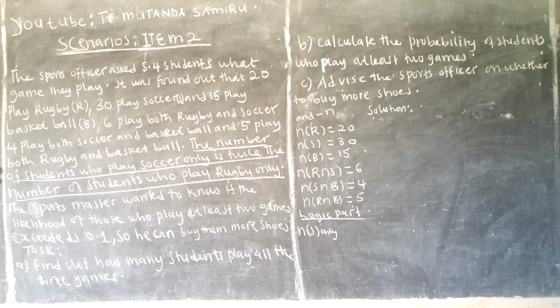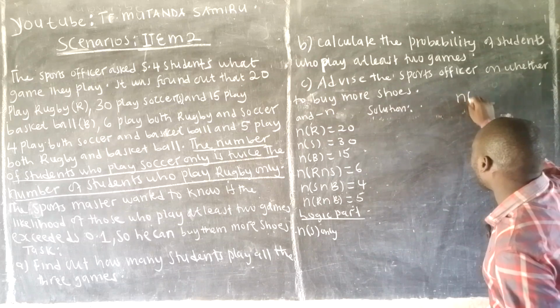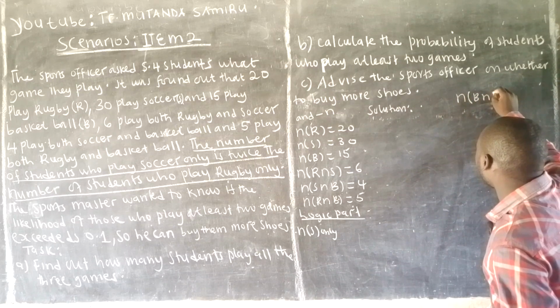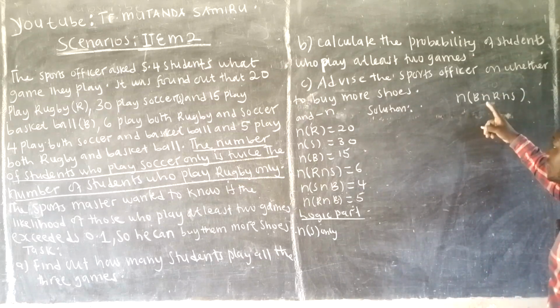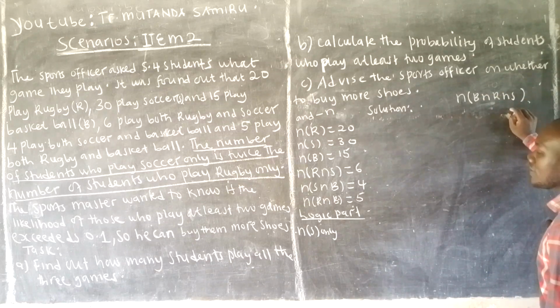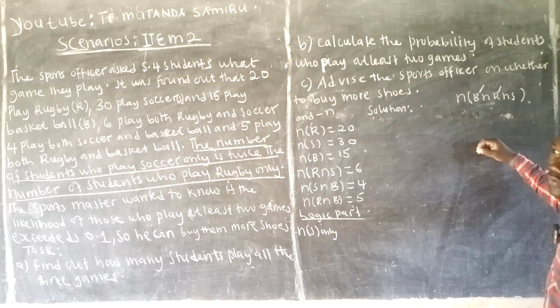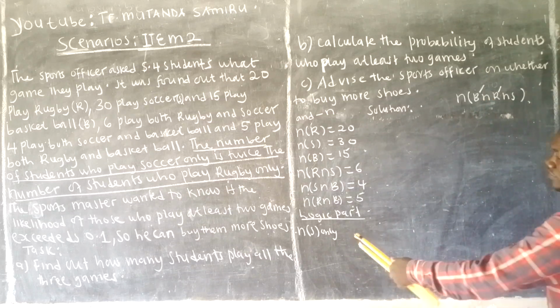But of course, you know that number in S only is the same as this in set language. If you have number in basketball, intersection rugby, intersection soccer, and they want S only, it means all these others are dead. Please go and watch lesson 5, where we define how this can be written. You can write like that, but even this kind of summary is okay.